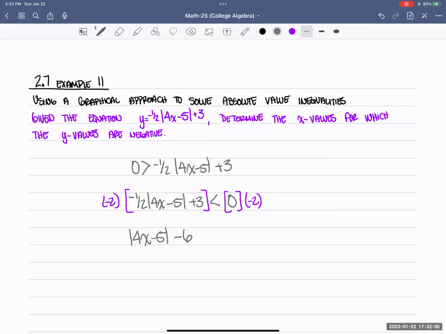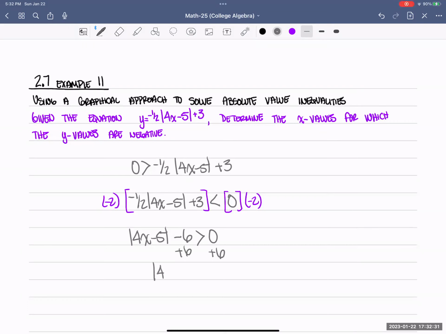Since we multiplied by a negative number, we have the sign switching. So instead of less than, we have greater than now. And greater than 0 times 2 is still going to be 0. And now let's isolate that absolute value just to see what we're working with. So plus 6 on both sides.